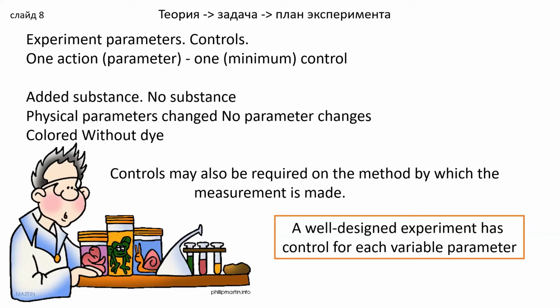The same is true for labeling solutions. For instance, when you have your live cells and you want to label them with some dye for 10 minutes, you think, okay, my control is labeled cells and unlabeled cells. But if you go deeper, your control is labeled cells, unlabeled cells, and cells incubated with the buffer with your dye, but without the dye itself.